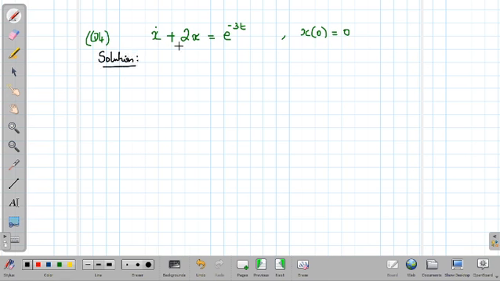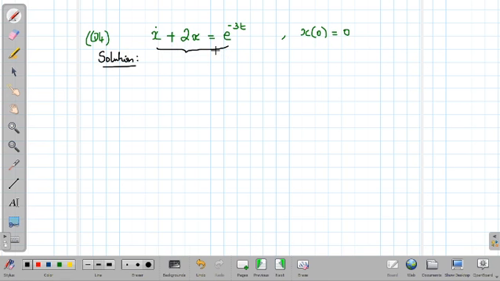So what you need to do is 3 steps. First, take the Laplace transform of the differential equation. Then find the Laplace transform of x, which is X of s.